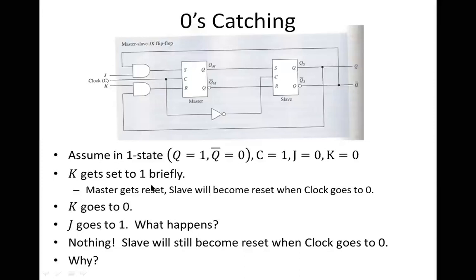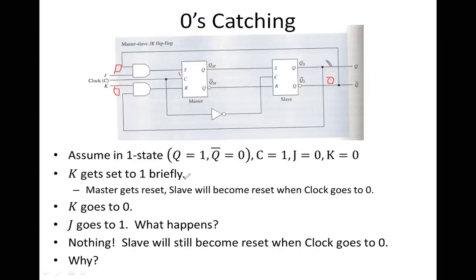Fine, then K goes to 0. Okay, K goes to 0. That is just for a brief amount of time since it was in one state. Remember, I'm telling you here one state, which means your Q was 1. If Q is 1, we understand that Q bar is 0. Right. Then C is equal to 1. Then J is equal to 0. K is also equal to 0.